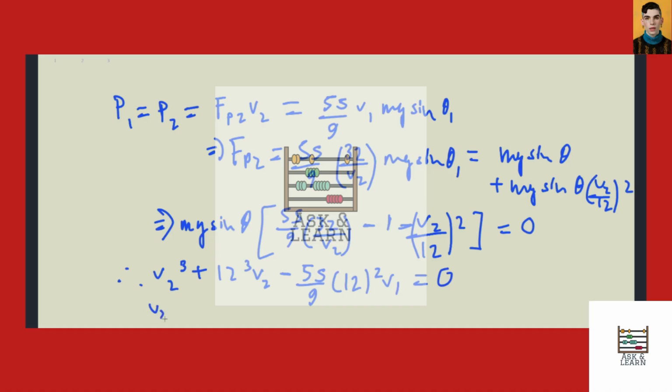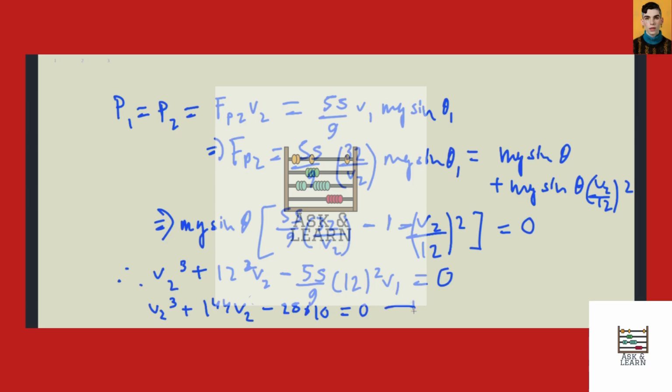Numerically, this is V2 cubed plus 144 V2 minus 28610 is equal to 0.